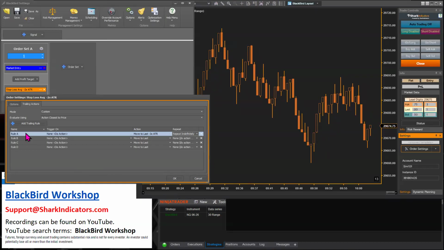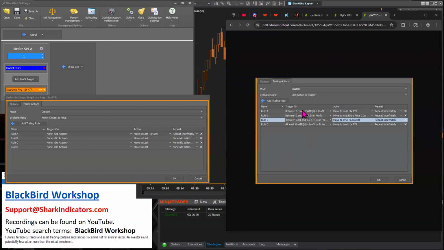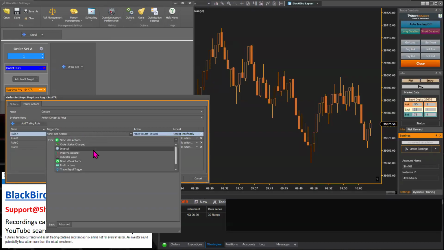So trailing rule A really doesn't need a trigger here, but for the sake of showing how we can set up the triggers to execute in a specific sequence, A first, B second, C third, D last, we'll go ahead and add this in here. All right, there's our profit or loss.